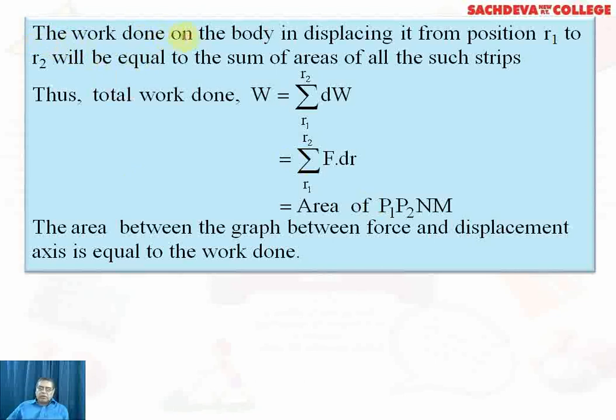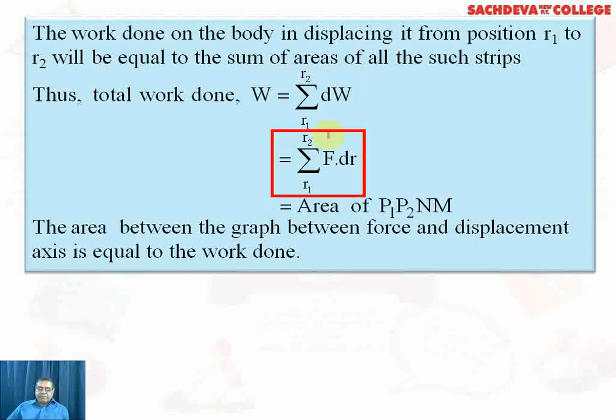So the work done on the body in displacing it from position R1 to R2, what we do is we take small work done and we take the summation. So sigma stands for summation of dW, that is the small work done, and then we take the summation with limits from R1 to R2.